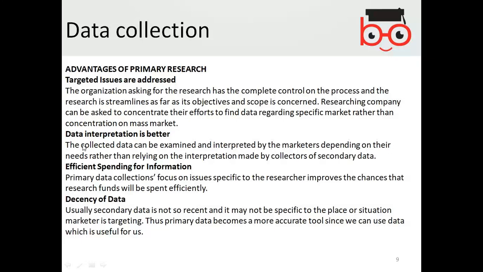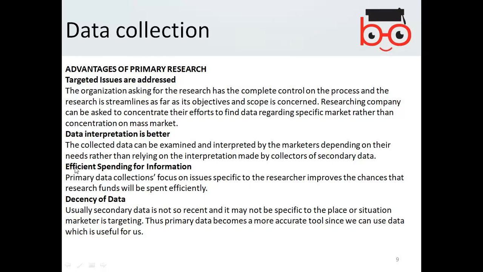Next, the other advantage is that data interpretation is better. The collected data can be examined and interpreted by marketers, rather than depending on the interpretation made by collectors of secondary data, right?